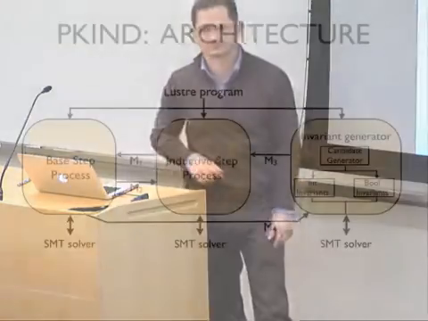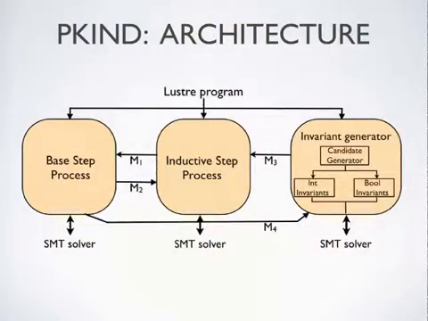So your tool takes Lustre inputs, but can you say something about whether there's anything specific to Lustre in the method itself? No, not at all. In fact, my last slide talks about Kind 2 that we have started developing, which will be disconnected from Lustre. It will just have a Lustre front end, and then we'll be able to accept other languages.